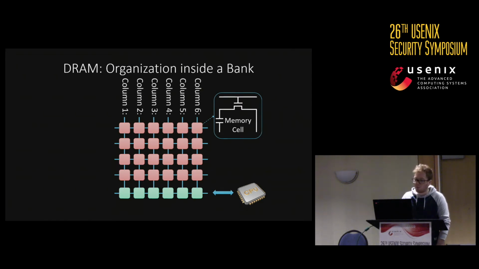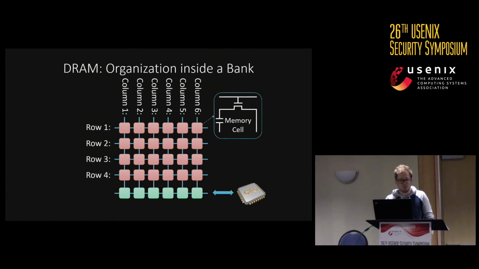In a bank, neighboring cells reside in different columns, and adjacent cells reside in different rows. The banks are always accessed via a dedicated row buffer, which stores the content of the row that is read, and it is also used to communicate the contents of the memory to the processor through the memory bus.